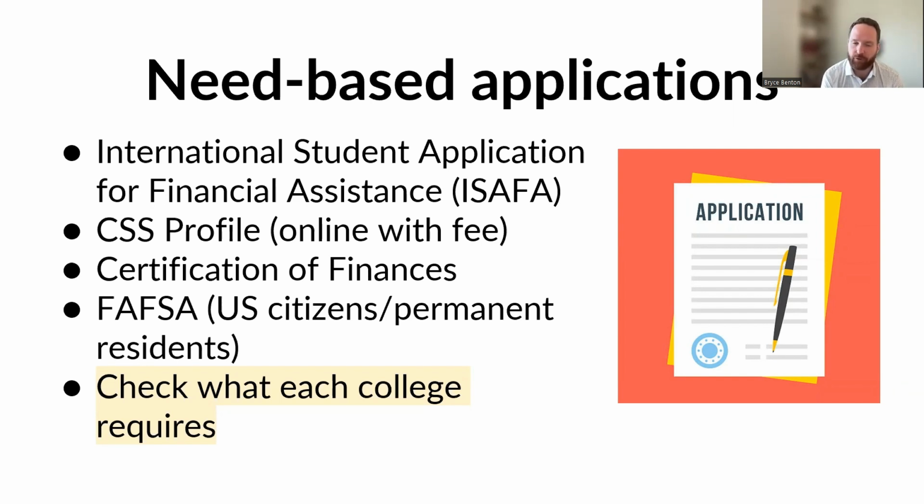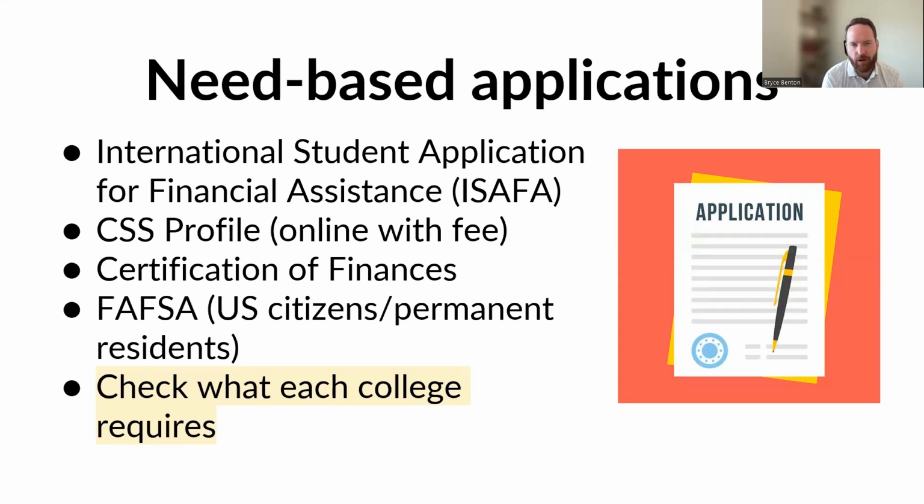They also have their own financial aid application. At Denison, we do require the CSS Profile, but not from international students, right? So you might find some universities that do ask you to complete the CSS Profile and send it to them. Again, that can vary by school, but that's a pretty common one that you'll see, where there's a small fee. You complete it online. It's a pretty in-depth application.